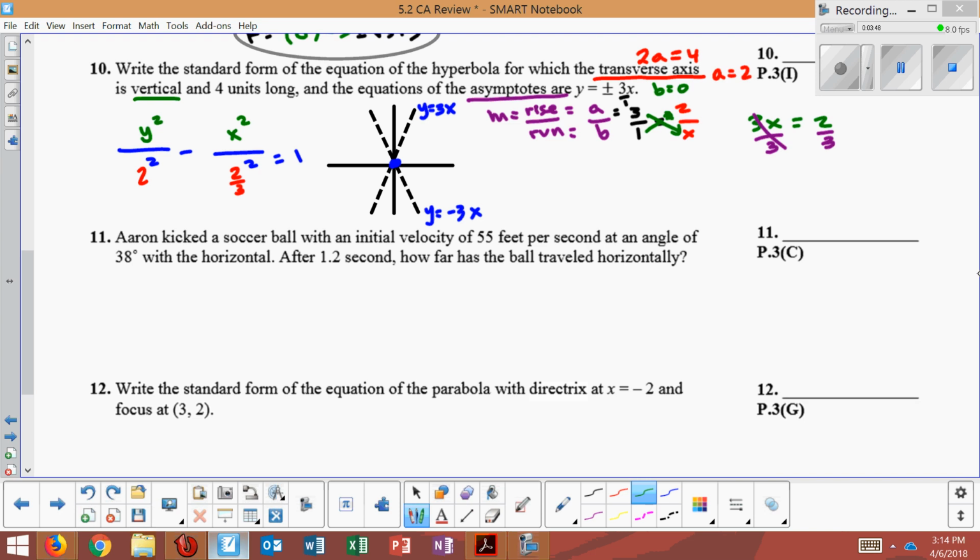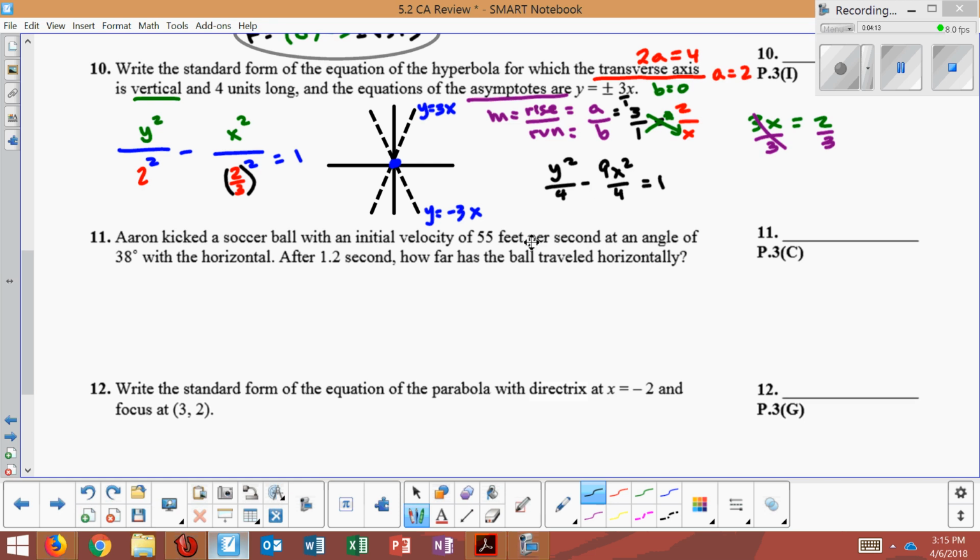We would just simplify. My actual answer here is going to be y squared over 4 minus, when we simplify this, 2/3 squared, you'd square the top, let me just put it like this so it's easier to see. It would be 4/9, which is the same thing as 9x over 4. When you divide by a fraction, it's like flipping it, equals 1.